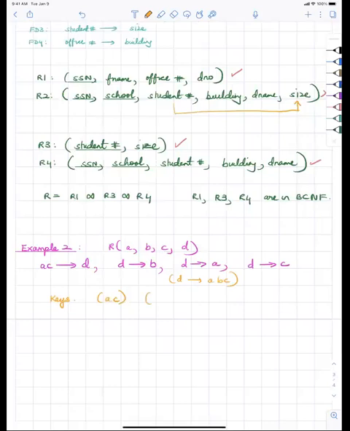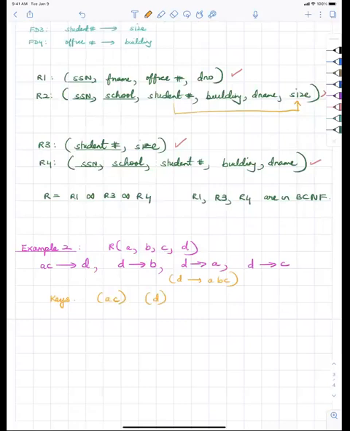Is there another key for this besides AC? The trivial key. Okay, so D is a key just trivially because D determines ABC. So you have two keys for this table. You have AC and you have D.